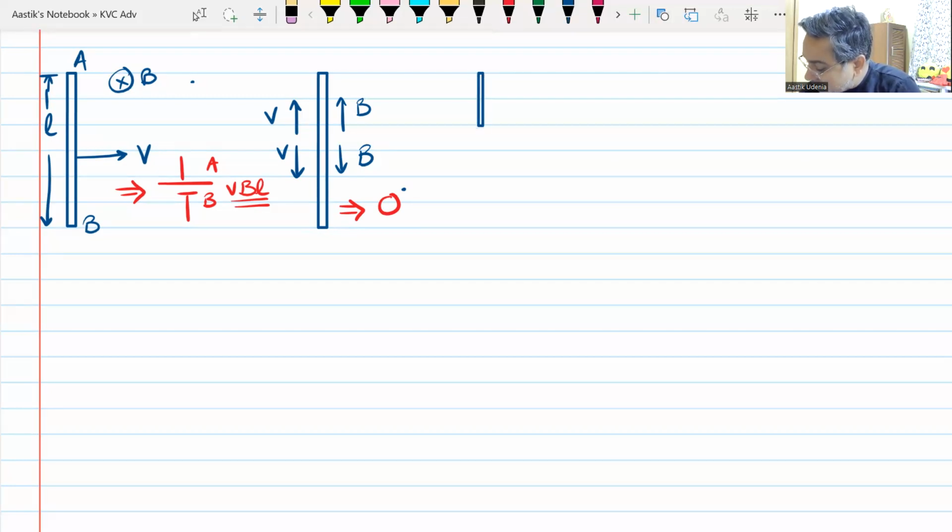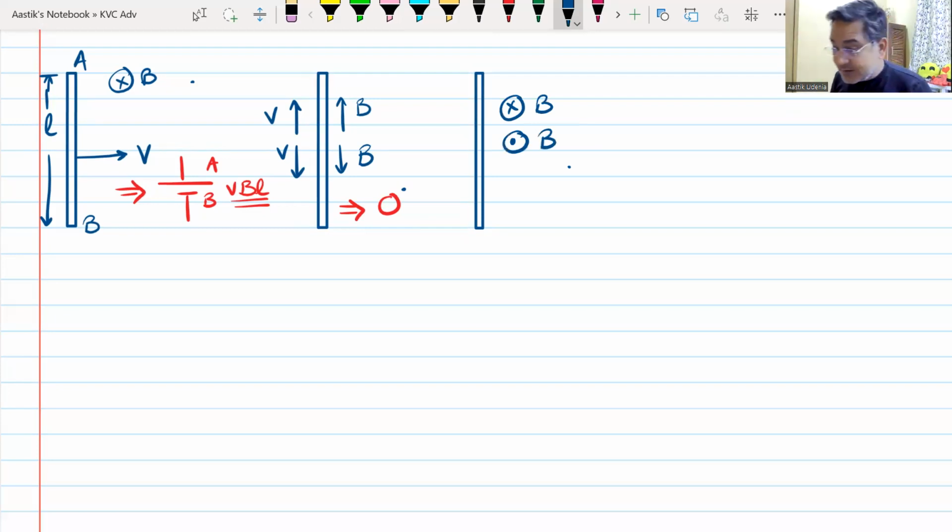Third case. If I have the magnetic field in this direction and the length in this direction, or the magnetic field in the outward direction, and I have velocity also in the inward direction or in the outward direction, in this case also the EMF would be 0.